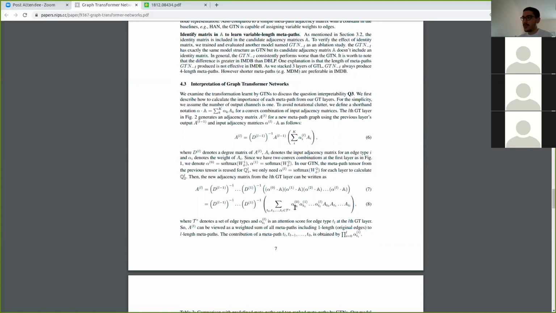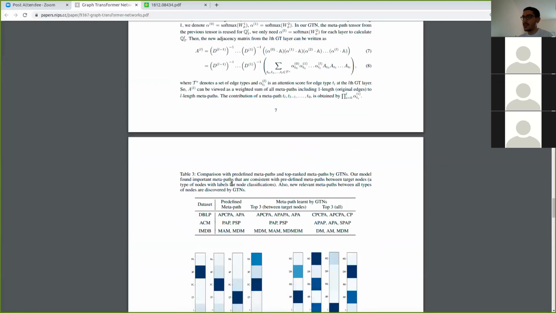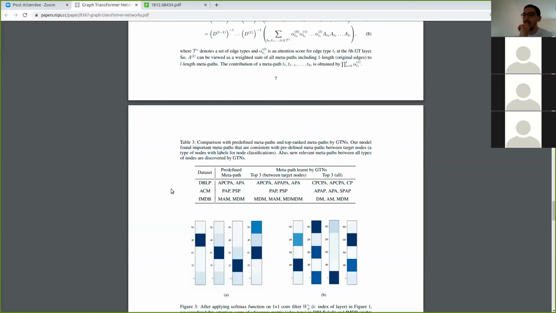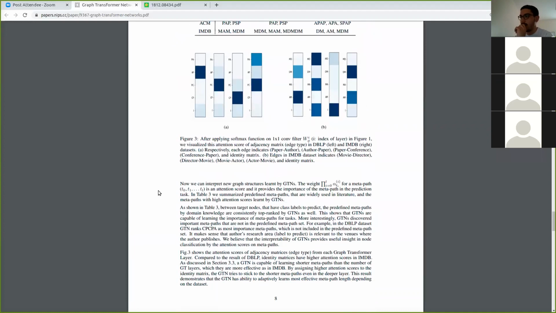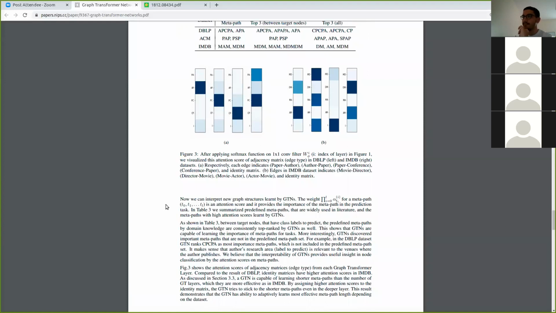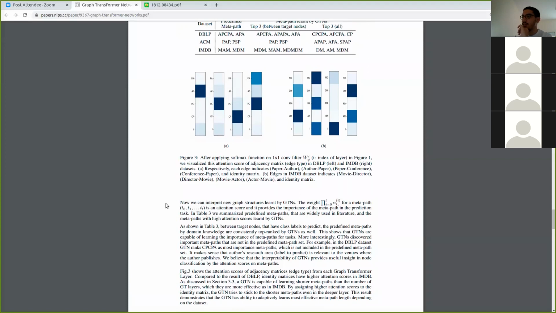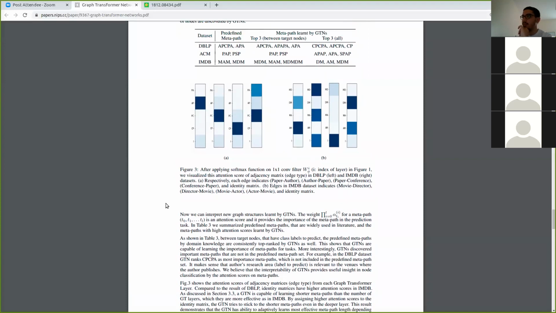The attention score of interest is this product here, and this is what is used to determine it. It provides the importance of the metapath in the prediction task. I think that's all I wanted to say about this part. Does anybody have anything to add?